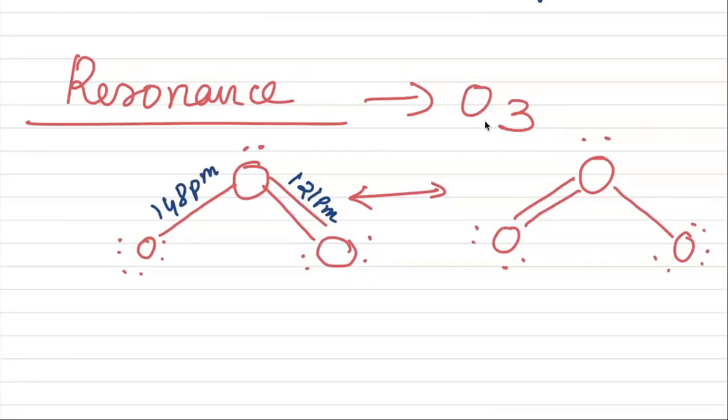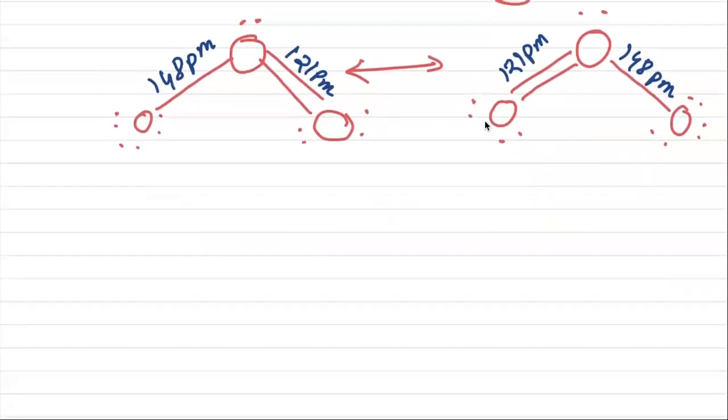Here is also this one, 121 picometer, and here 148 picometer. But experimentally it has been found that the oxygen-oxygen bond length in the ozone molecule is 128 picometer.